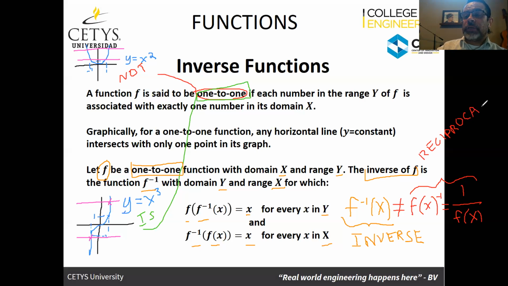And those two are different. It's important to remember that. We're not talking about the same thing. So right now we're going to be talking about the inverse of a function. We're going to go through some examples here.